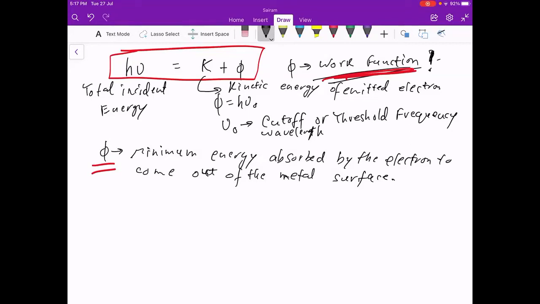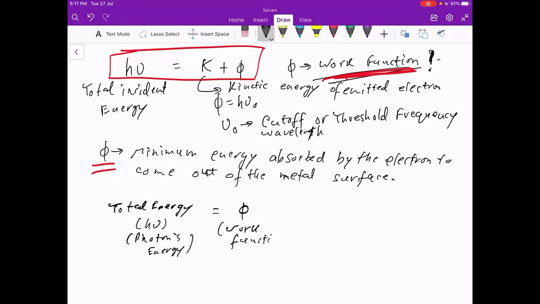So total energy, which is h nu, the photon energy. So frequency going higher means more energy, is equal to phi, the work function, that is the energy required to get out of the metal surface.